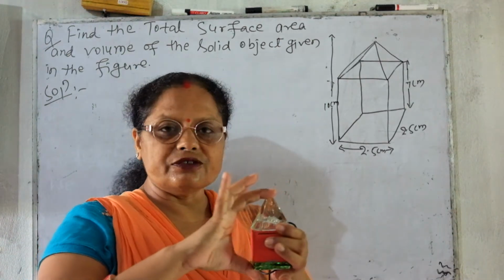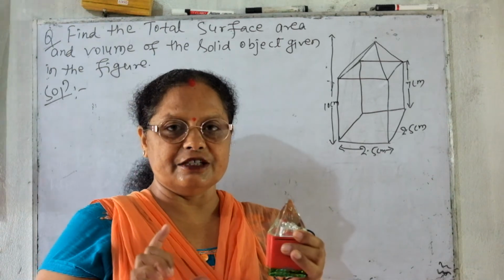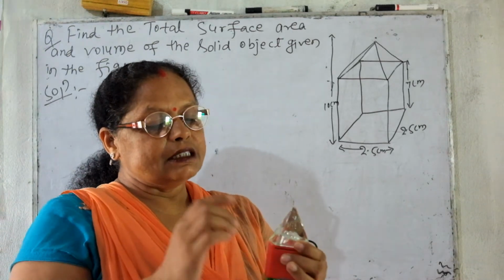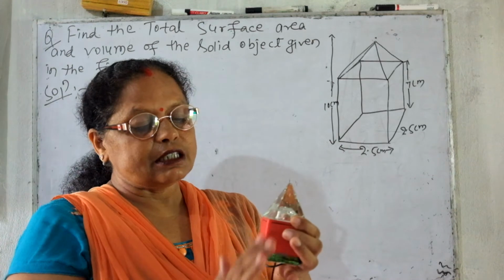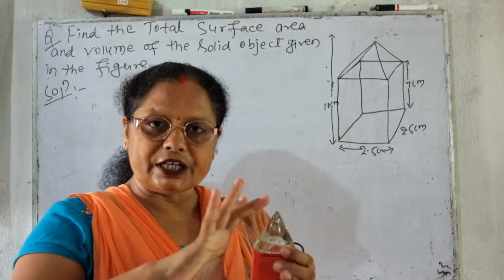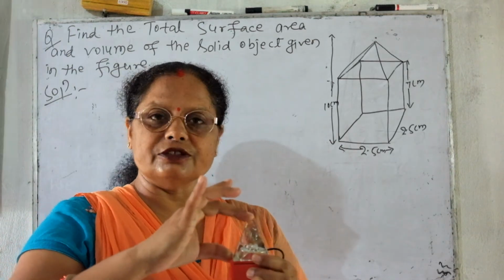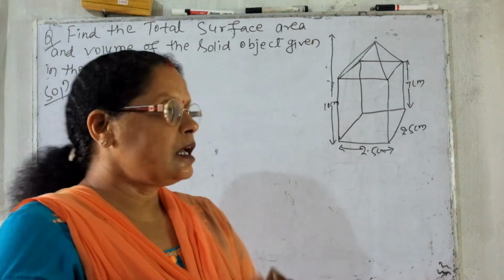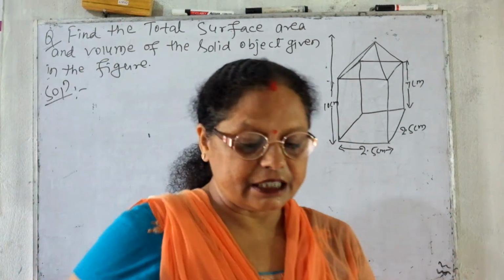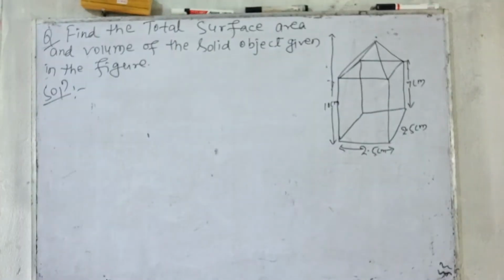The total height of this object is given as 10 centimeter. So if we subtract this 7 centimeter from the total height, that will be the height of the pyramid. Let's see the question.